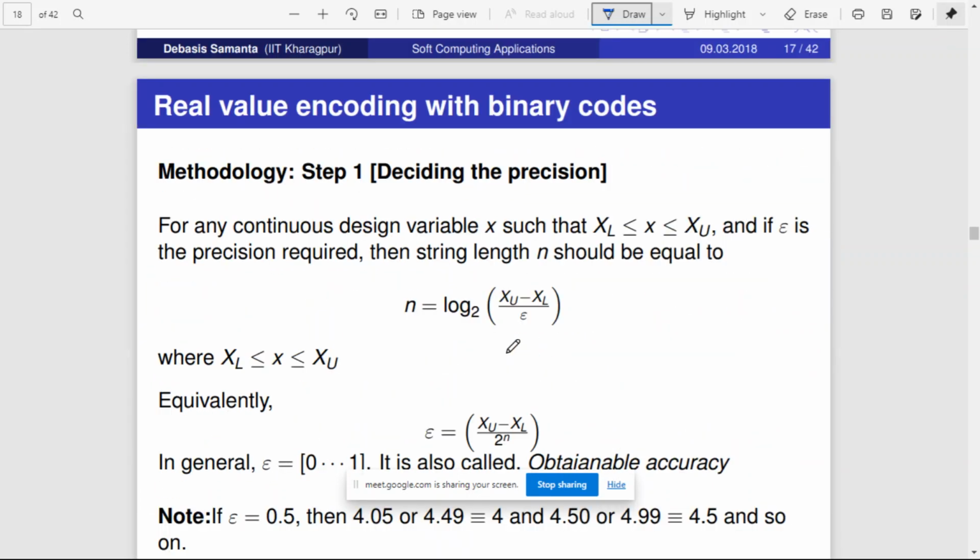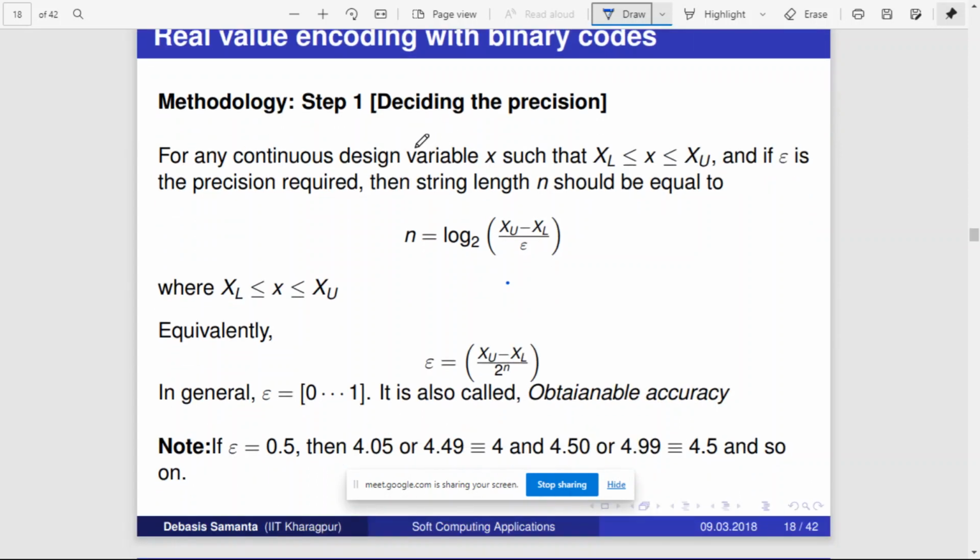Okay. Real value encoding with binary codes. For any continuous design variable x such that x falls between xl and xu.